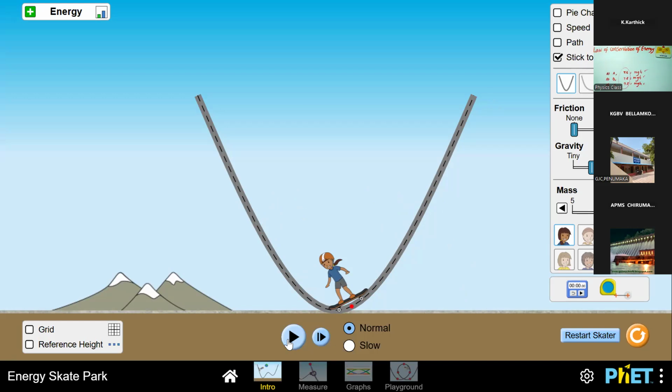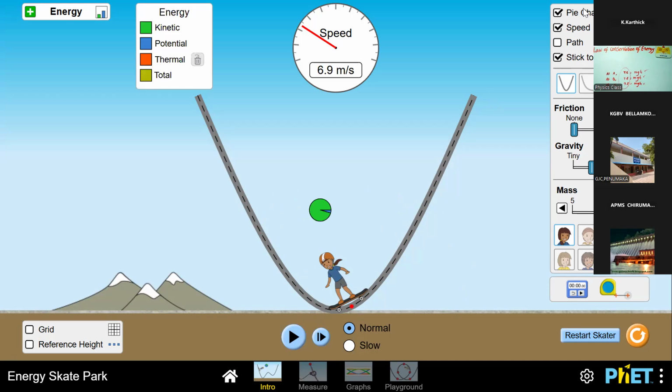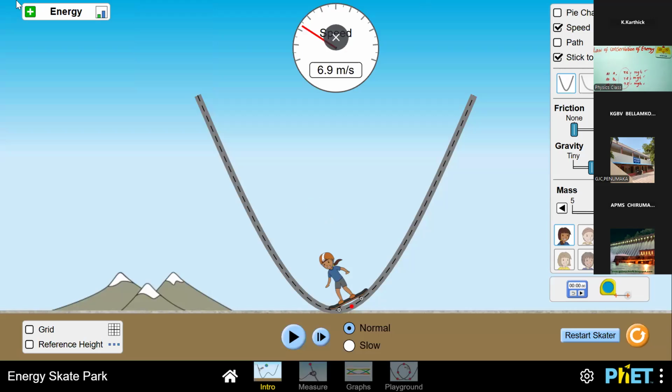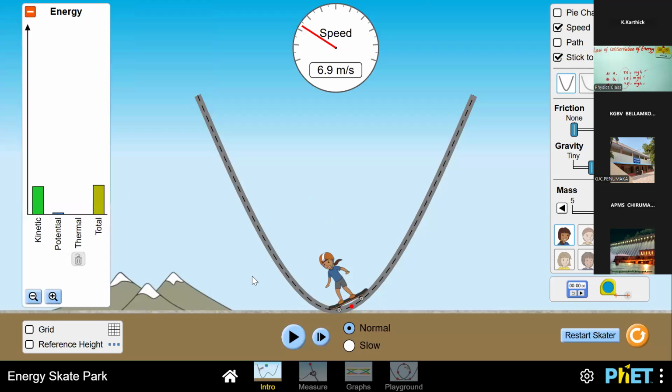Let me show you. First of all, I can select speed and pie chart. You can see the energy graph, which is most important because this is a relation between the object position and the energy level.